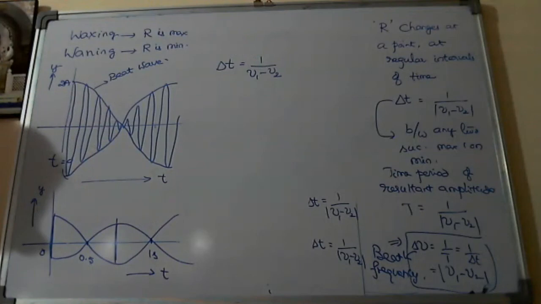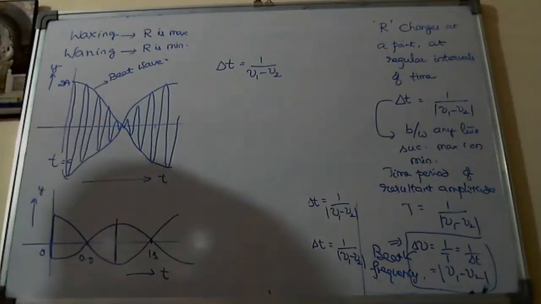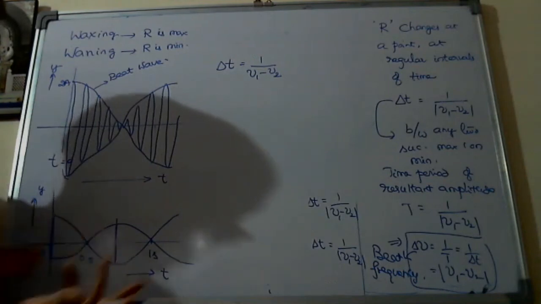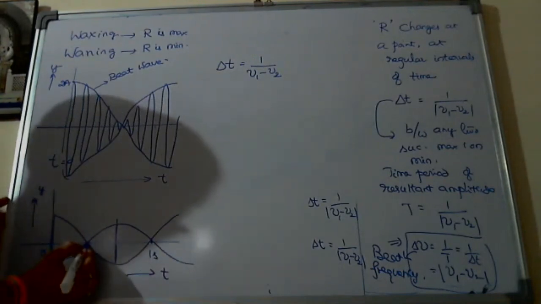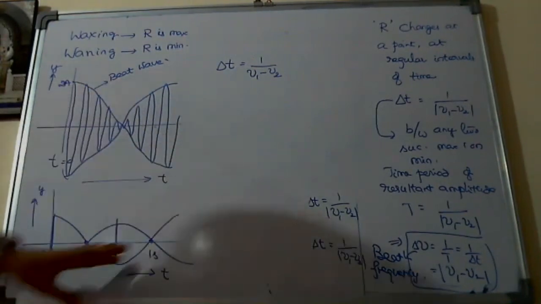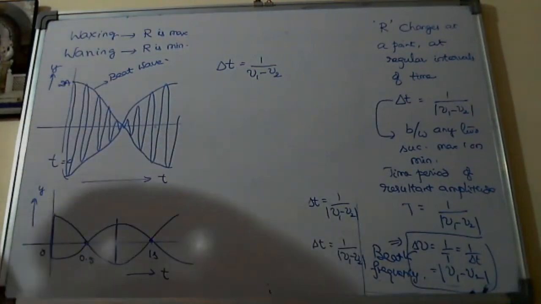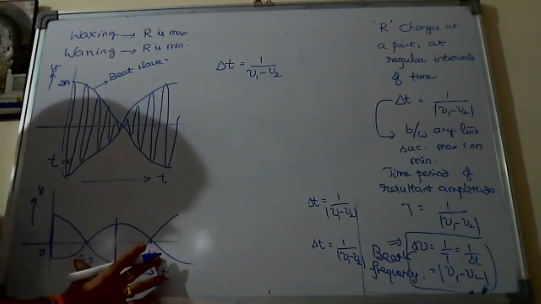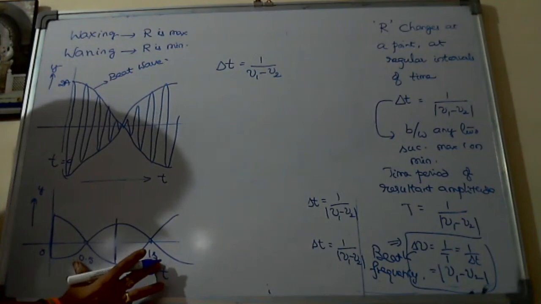Maximum to maximum times, I don't know, but minimum to minimum, this is 0.5 and that is 1.